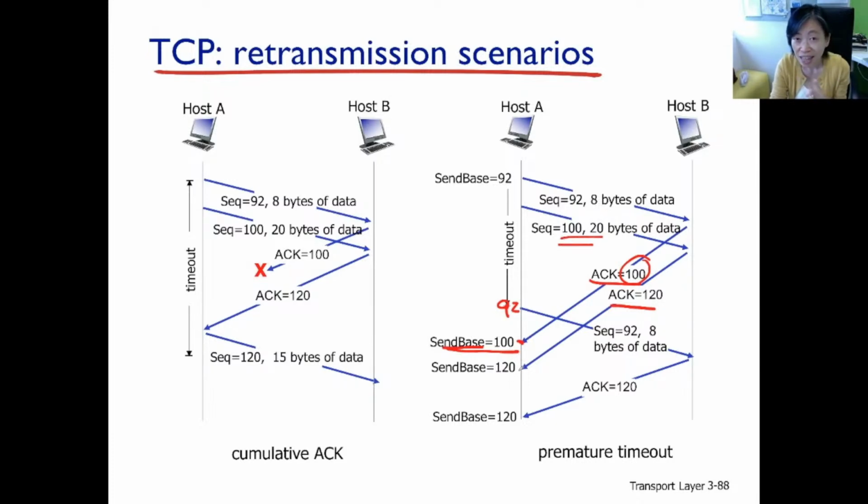So we cannot yet stop the timer. So timer is refreshed here. So timer for 92 is restarted here because, hey, timeout occurred, retransmit everything, start timer. So there's already a timer ticking starting from here that is associated with sequence number 92. But here, we restart the timer, and this timer is associated with sendbase 100.